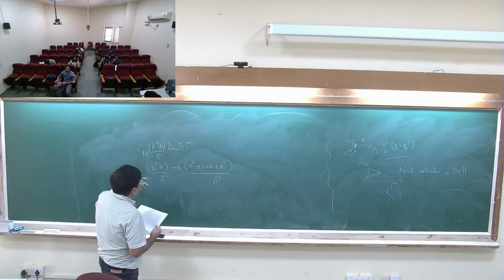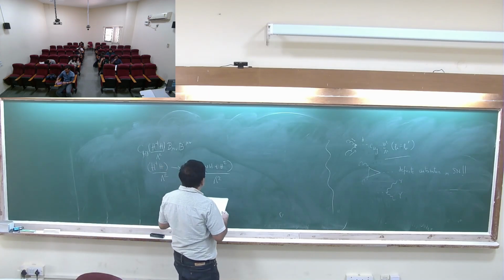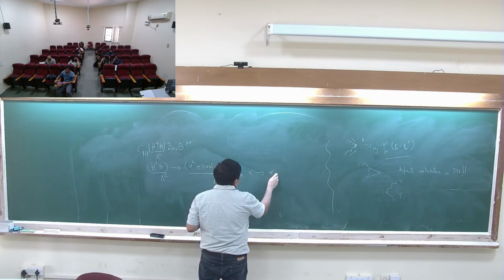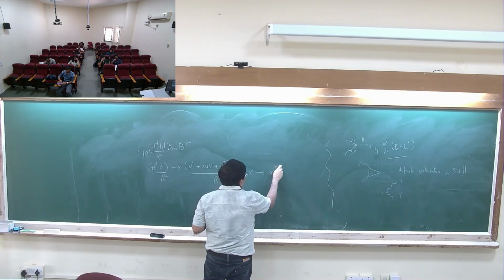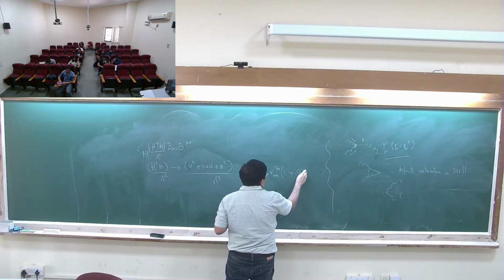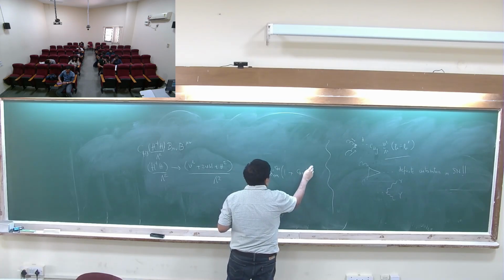So this gives you a correction, alpha goes to alpha em SM times 1 plus c H gamma v square by lambda square.